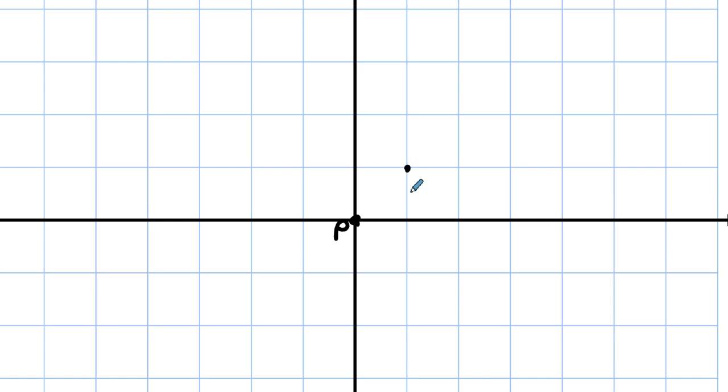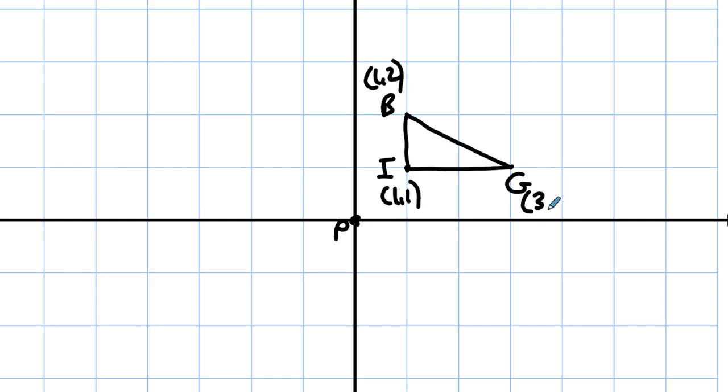And then you got some triangle like this. This will be triangle BIG, where this is (1, 2), and this is (1, 1), and this is (3, 1). And let's say we want the scale factor to be 2.